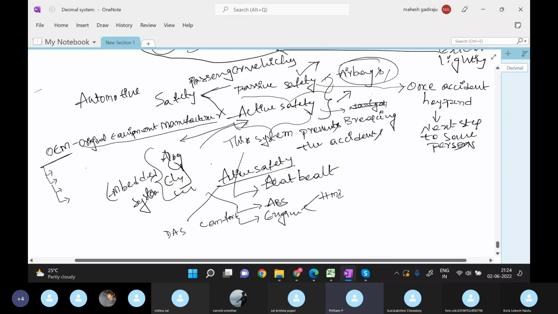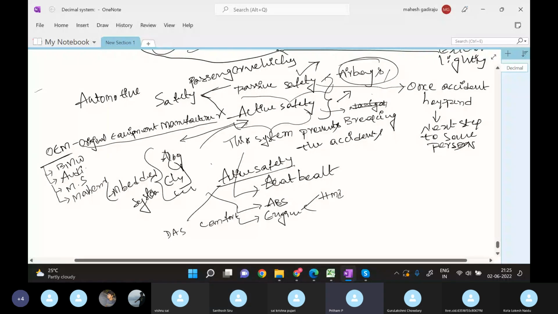I think all German companies, because only Germans are OEMs? Not sure. Tell me a couple of names. BMW, Audi. BMW is an OEM. Audi is an OEM. Bosch, Maruti Suzuki, Tata, Mahindra.